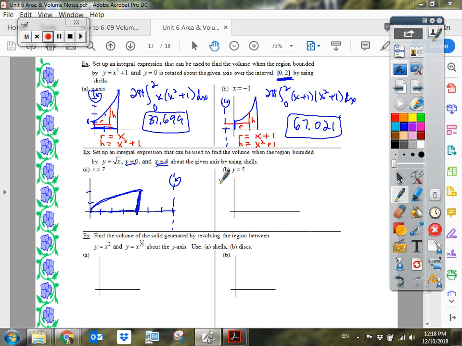So let's work on R and H. R is the distance from the axis of rotation into the figure. That's R. H is measured parallel to the axis of rotation. This is H.